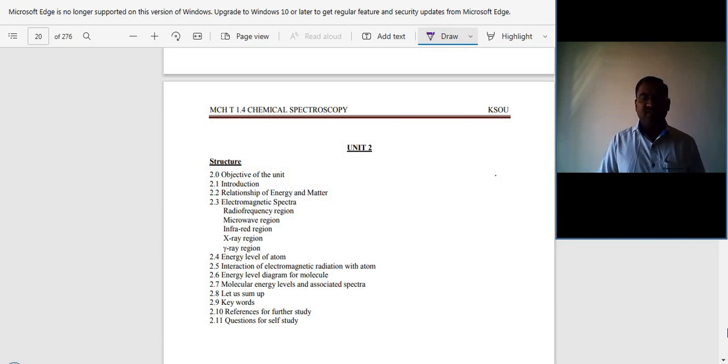Finally, molecular energy levels and associated spectra.